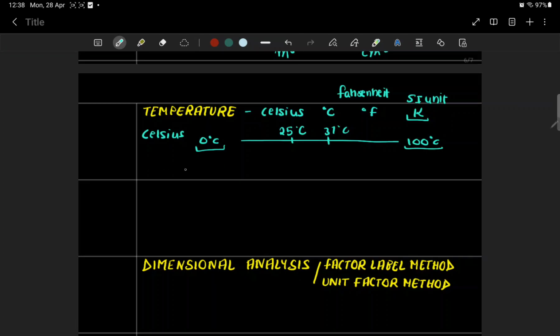Same way in Fahrenheit scale, the scale is from 32 Fahrenheit to 212 degree Fahrenheit. Freezing point of water, boiling point of water, room temperature, and human body temperature.